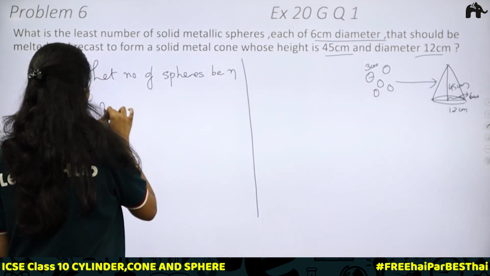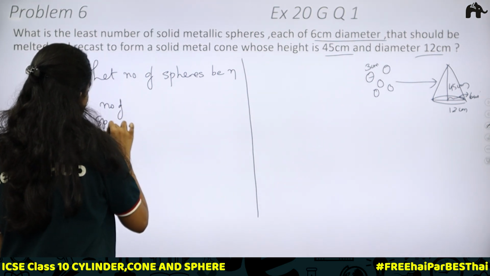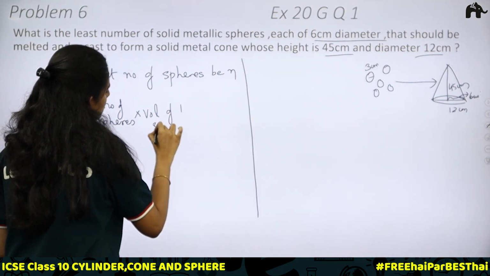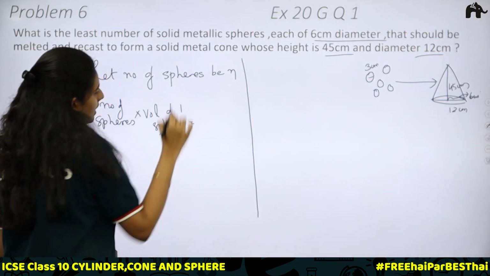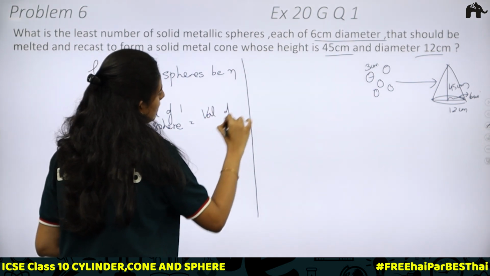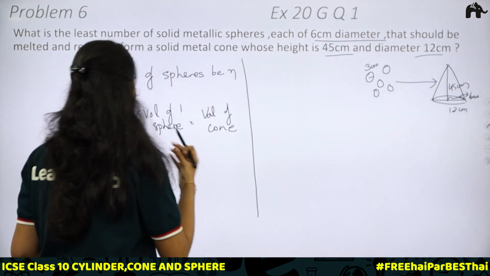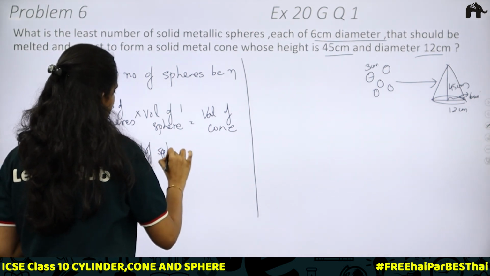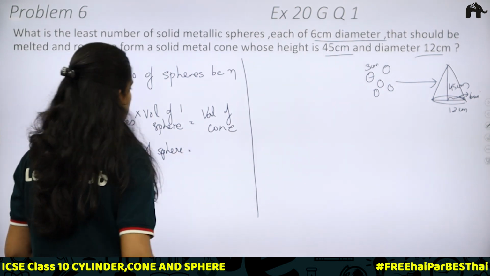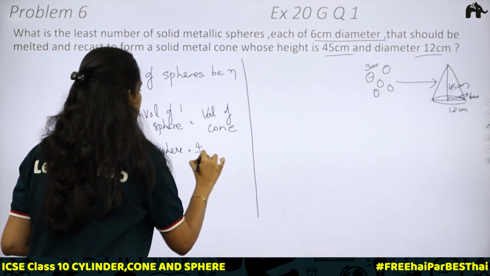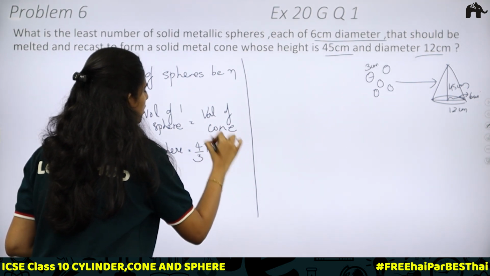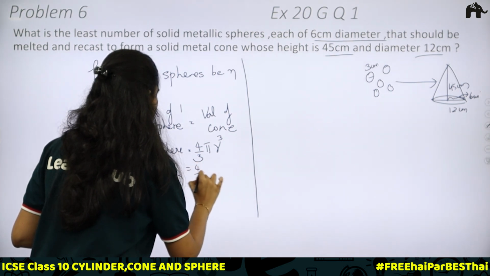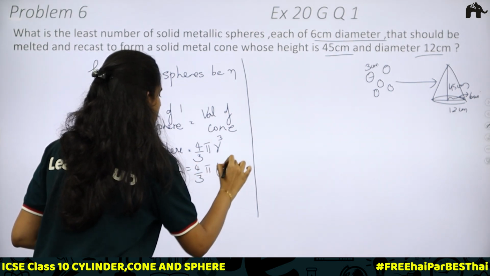Number of spheres into volume of one sphere will be equal to the volume of the cone. What is the volume of a sphere? Volume of sphere will be equal to 4 by 3 pi r cube. Here the radius is 3 centimeter. That is 4 by 3 pi 3 cube.